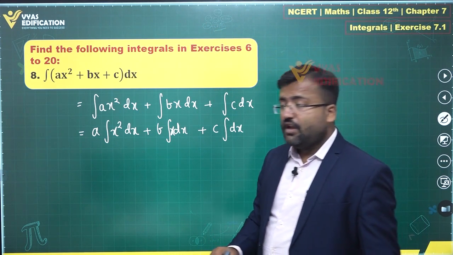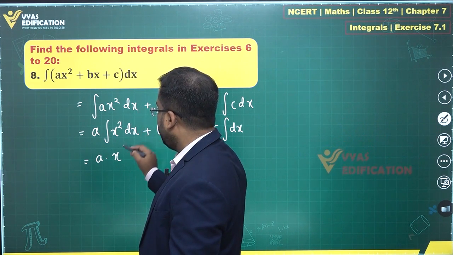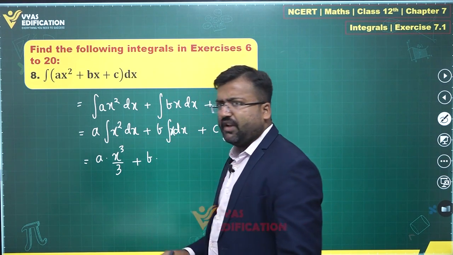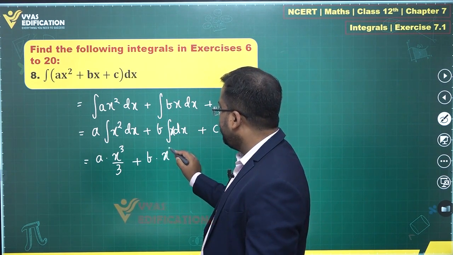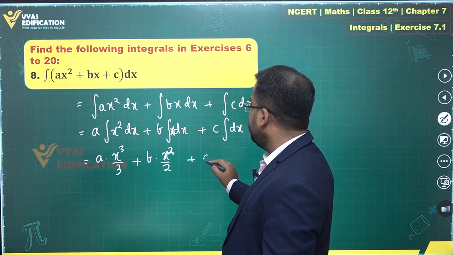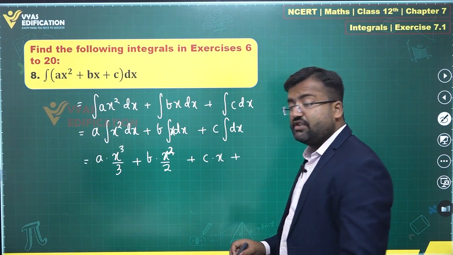Okay. For x square, the integral will be x power 3 upon 3. For b times x power 1, the integral will be x power 2 by 2. This is what you will get, right? Plus c times 1, the integral is x. And you will have to add a constant of integration.